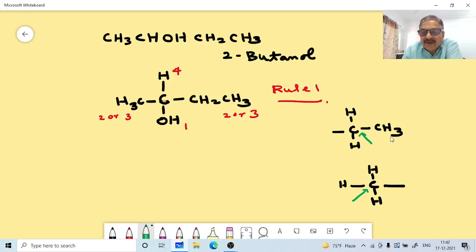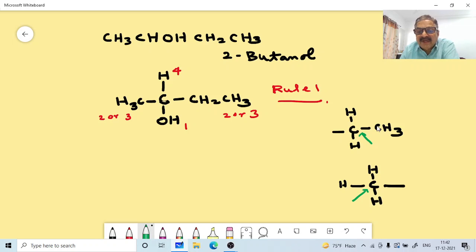So this should be number 2, because when 2 atoms are the same, priority is assigned based on the atomic number of the atoms bonded to these atoms. This carbon is connected to one more carbon, whereas in the other case, carbon is connected to hydrogen.